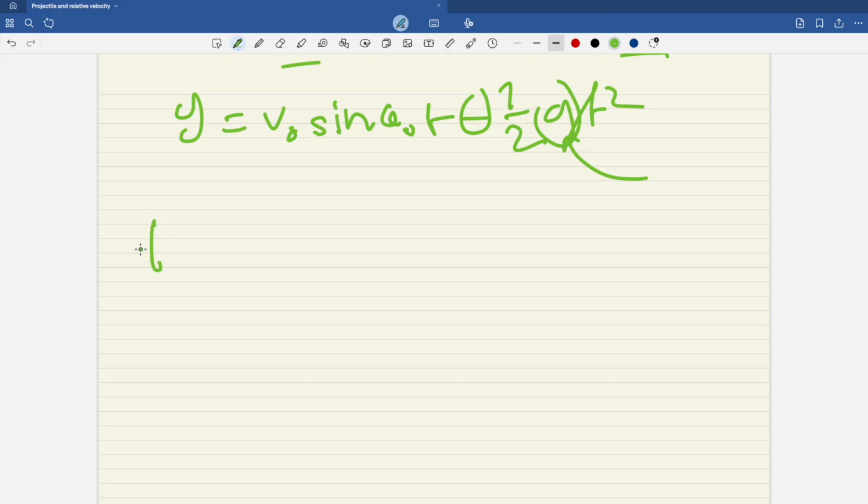Now if x equals v naught cosine theta naught t, then t equals x divided by v naught cosine theta naught.